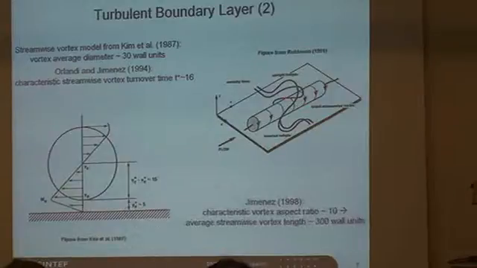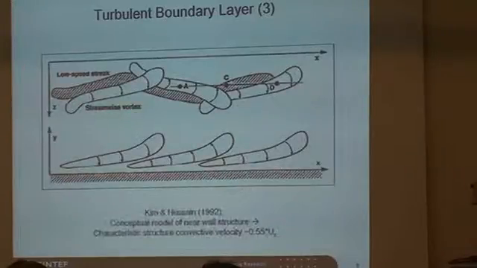Jimenez, also, who was here two weeks ago, estimated the length of this. I'm reporting all this because these numbers will come later into the analysis. Hussain again estimated the convective velocity of this structure to be a little larger than half of the centerline speed of the channel.